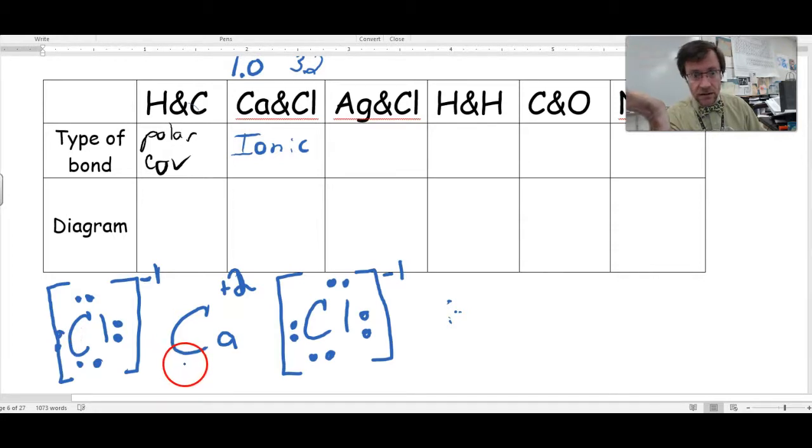It's got 8 underneath, guaranteed. This chlorine, 8 valence electrons. Great. It seems like everything's happy. The last thing we got to check is the amount of charge. So everybody has 8. I bet you the charges will work out. Well, I have a -1 here, and a +2, and a -1. So -1, -1, +2, 0, done.